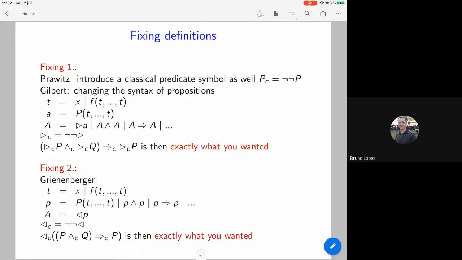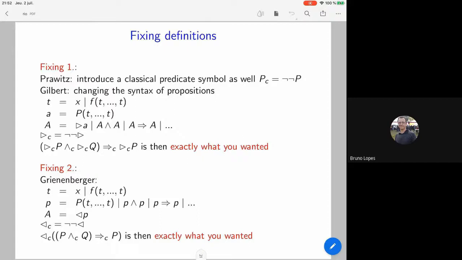And Émilie Grienenberger did the same thing for the choice of Herbrand and Allali. And of course, the situation is a little bit different. So she defines the terms exactly as usual. But then she defines a notion of pre-proposition, which is a little bit like the intermediate syntactic category of the second case. But here you have everything that you called propositions before.